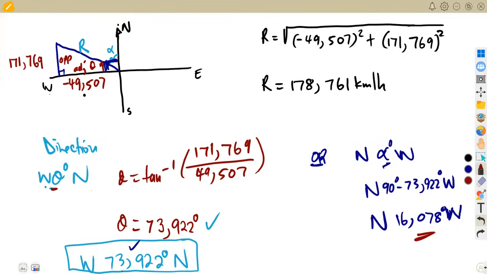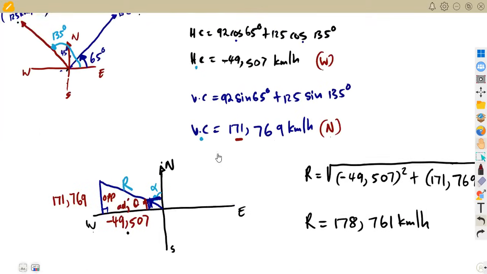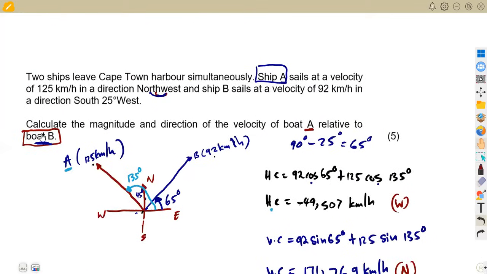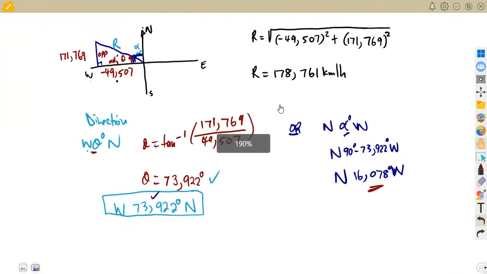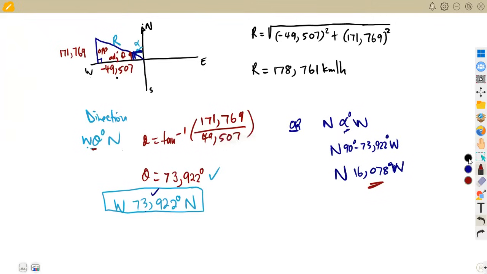You have a conclusion. Remember, the question was the velocity of A with respect to the velocity of B. Let's just confirm. It's A relative to B. So the velocity of A relative to B is going to be 178.761 kilometers per hour.